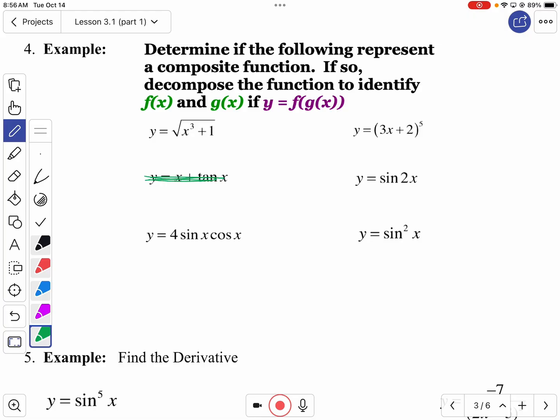Okay, then if we think they're all compositions, what about the first one? What would be the inside? X cubed plus 1. And what would be the outside? Square root of x, taking the square root of that stuff.